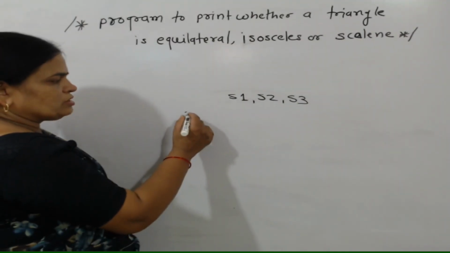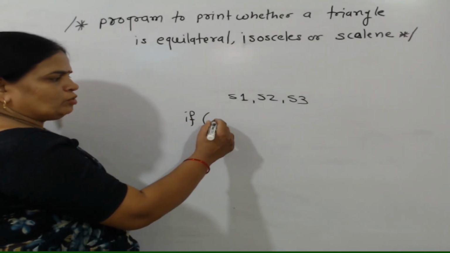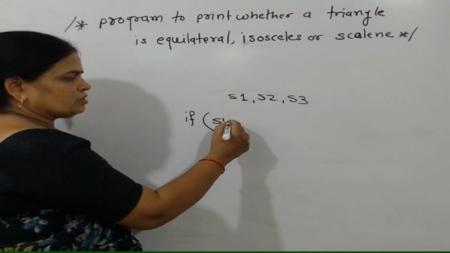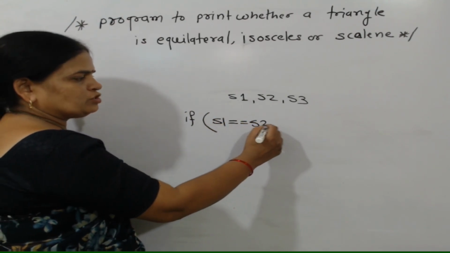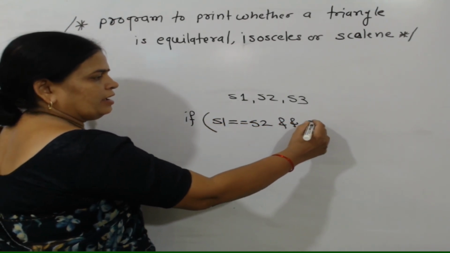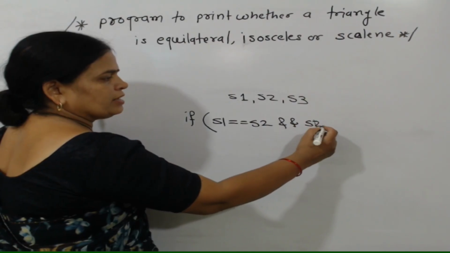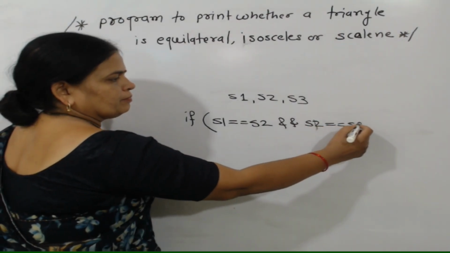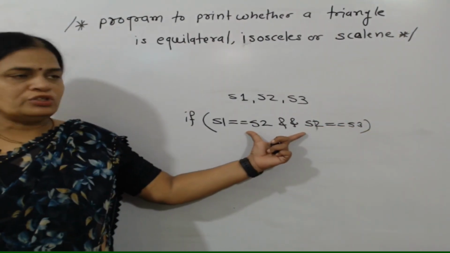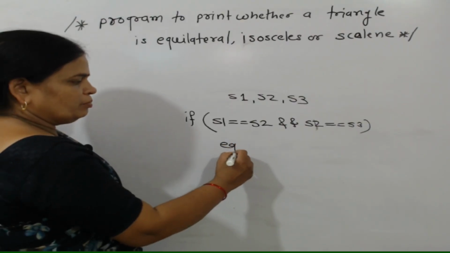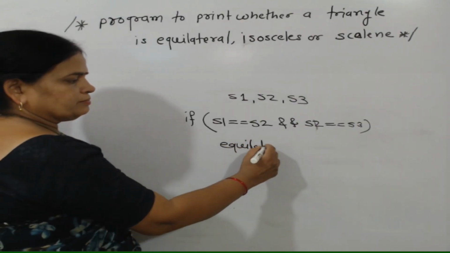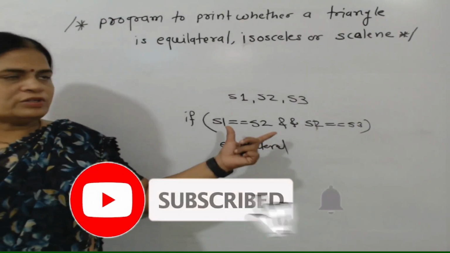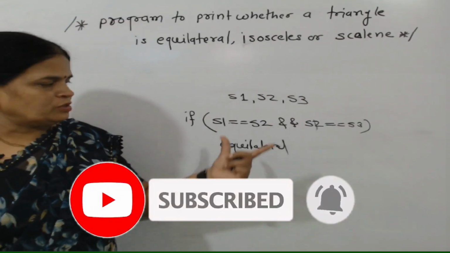So here the first condition will be the complex condition: if S1 equals S2 and S2 equals S3.